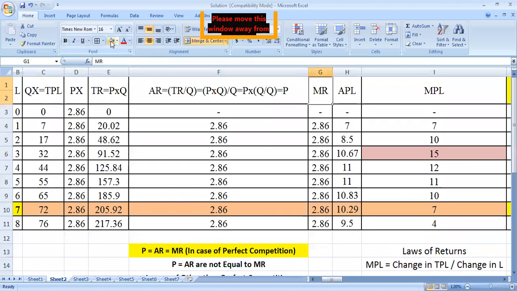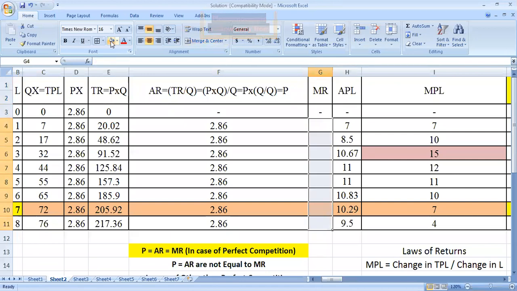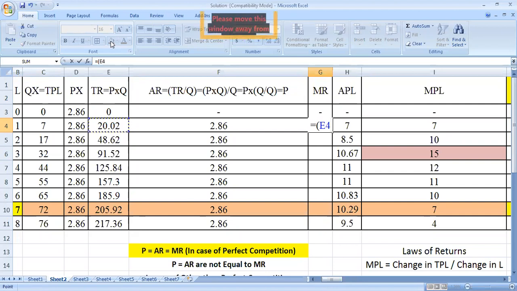Now look at the column of marginal revenue. How do we obtain it? By taking the change in total revenue divided by the change in output. Now let's find it out. The change in total revenue is 20.02 minus 0 when you are using 1 unit of labor, divided by the change in output.